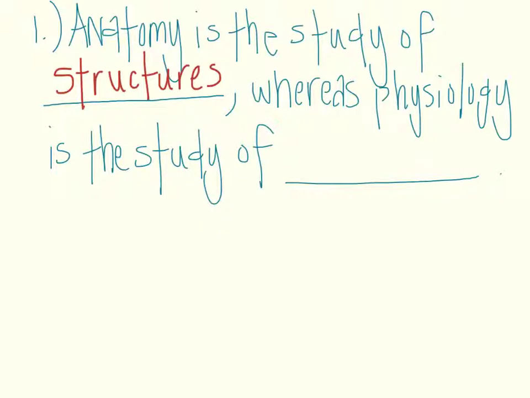So anatomy is the study of structures, whereas physiology is the study of how it works or how it functions, however you want to write it. So when we talk about what stuff does, we talk about the pathway of neurons sending messages, that would be the physiology. But then when we talk about the structure of the neuron, that would be anatomy.